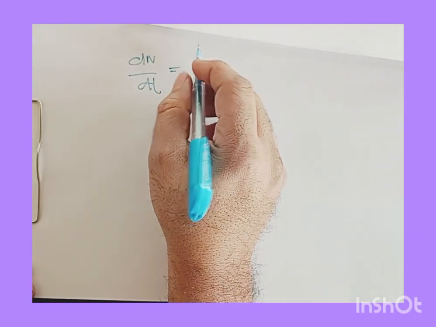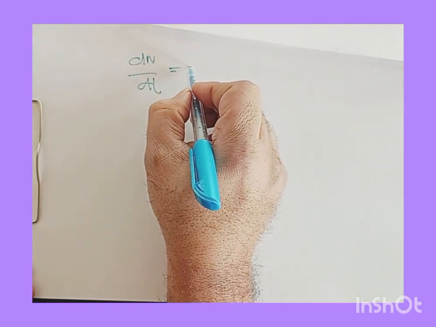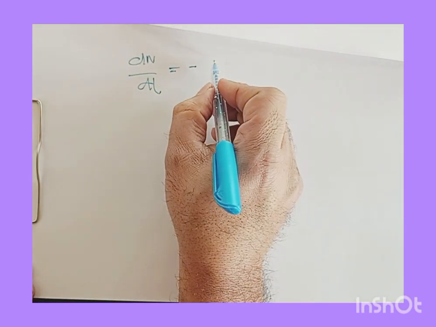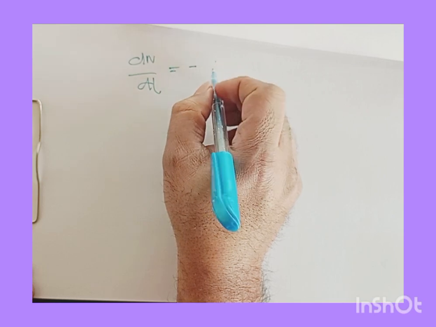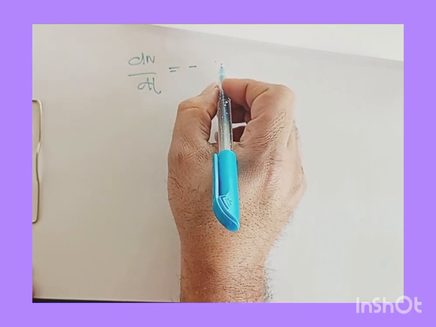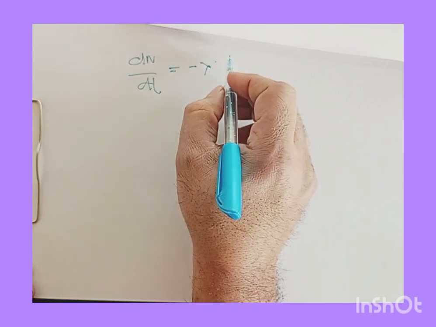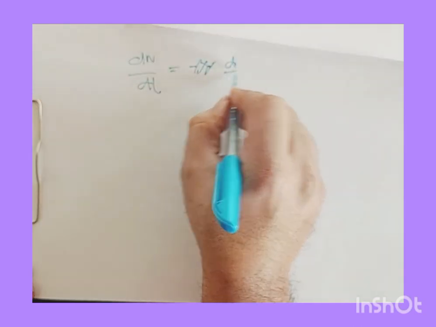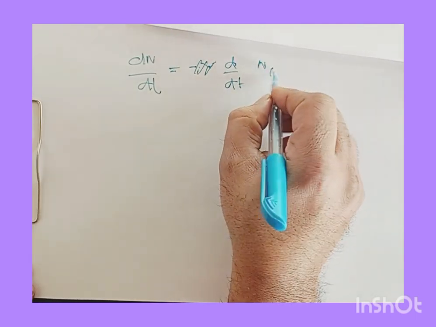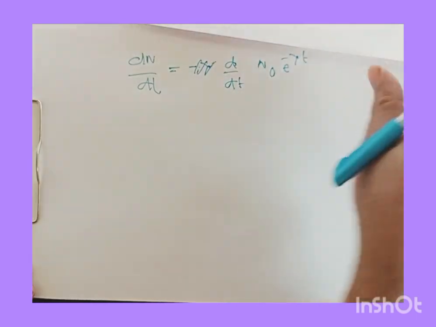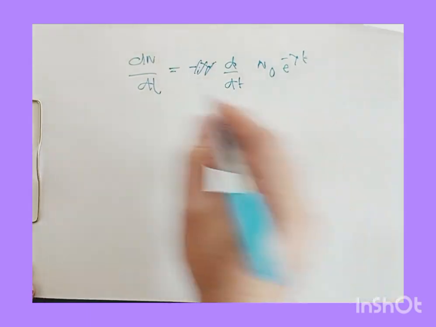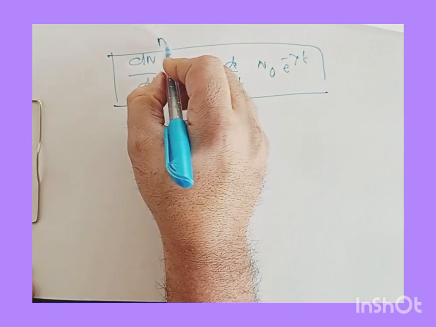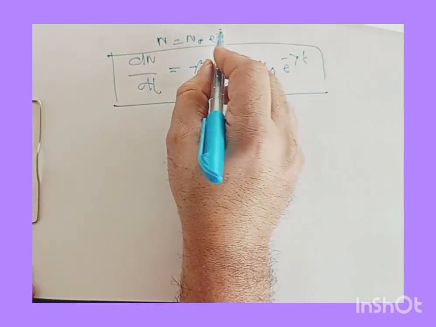So differentiating this equation, we will have dN by dt on the left, and on the right side d by dt of N0 e to the power of minus lambda t, because we have N equal to N naught e to the power of minus lambda t.